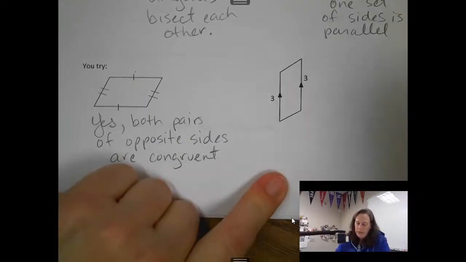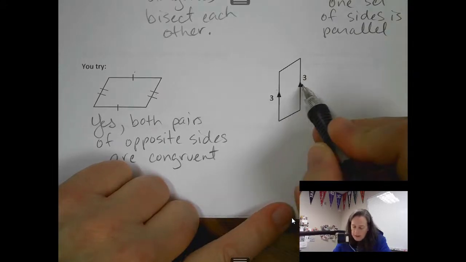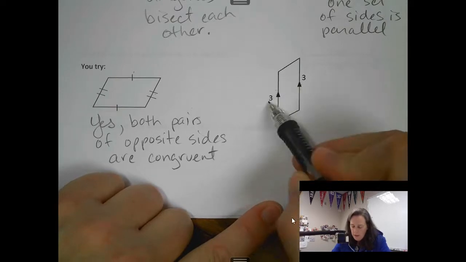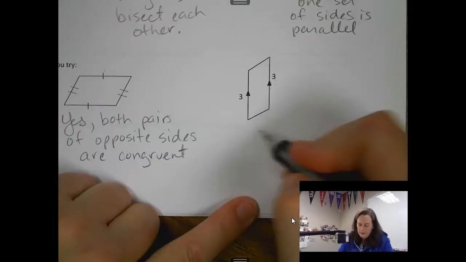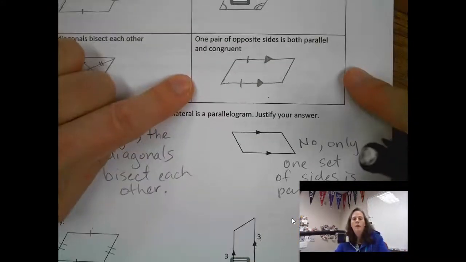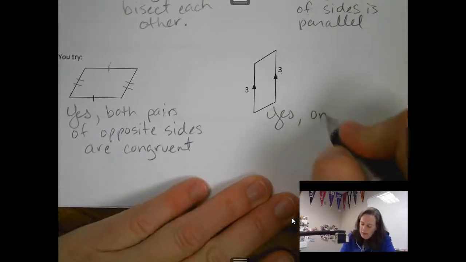And for this one, we see that this one pair of opposite sides is parallel. That's what those little arrowheads mean. And they're both 3 long. That works, doesn't it? So yes, that's our rule right here. One pair of opposite sides is both parallel and congruent.